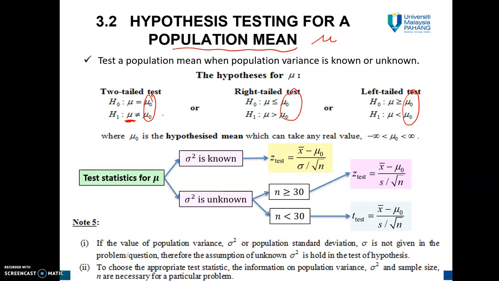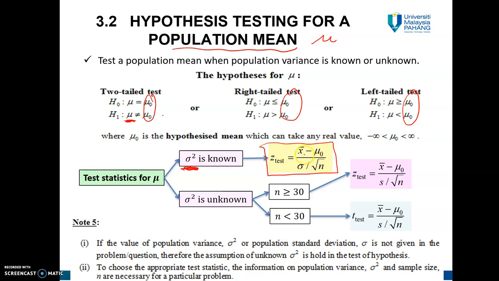And then step number 2 is the test statistic. For one population mean mu, even from your chapter 2, you know that you need to know whether the population variance is known or unknown. If your population variance is known, this is the Z test that you need to use.